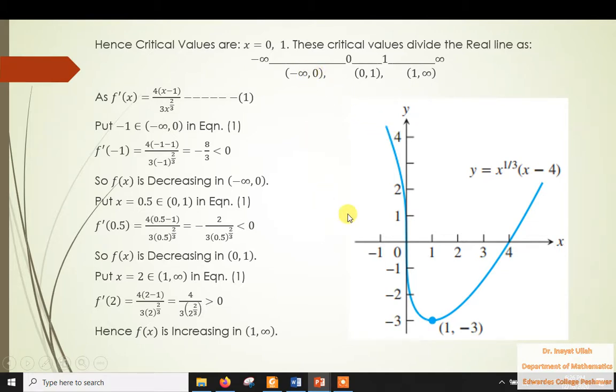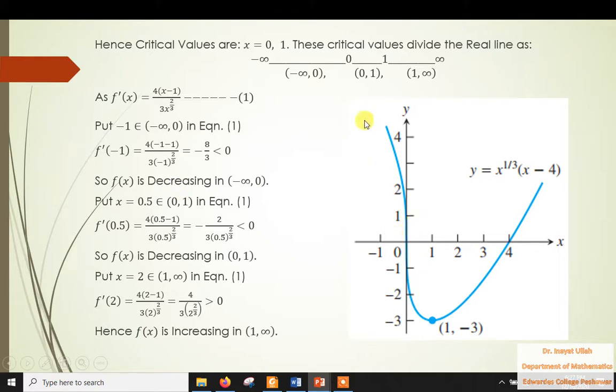So if you go from minus infinity towards 0, we see that this graph goes down and down and down. So between minus infinity and 0, the graph of the function is decreasing.